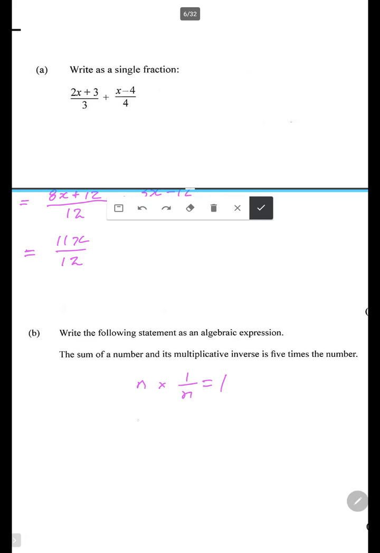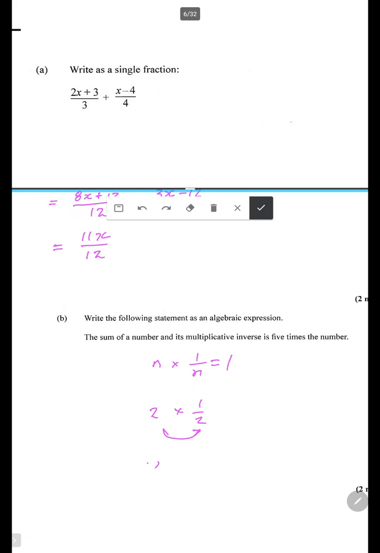For example, the multiplicative inverse of 2 is half. So these are two multiplicative inverses of each other. The multiplicative inverse of 2/3 is 3 over 2, because if you multiply them, you're going to get 1. So the multiplicative inverse of a number is basically the reciprocal of the number.